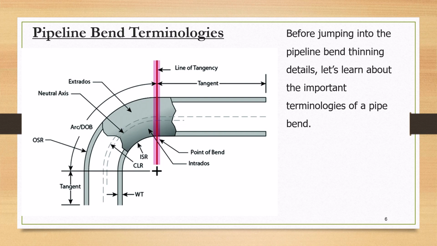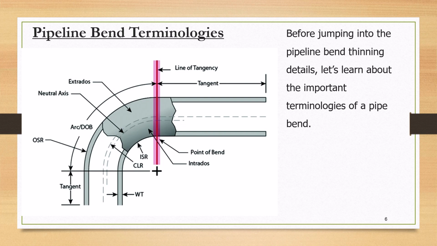Then plane of bend is the plane defined by the inside radius and outside radius. Line of tangency is actually a plane perpendicular to the plane of bend, passing through the origin of the bend and the beginning point of the bend.